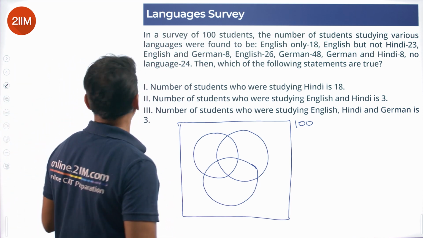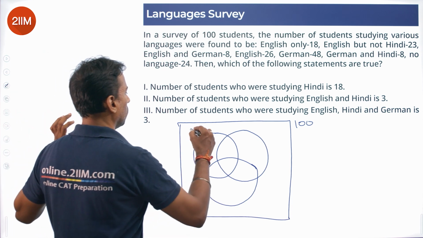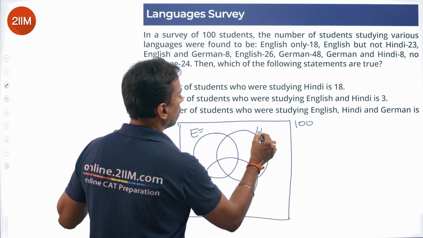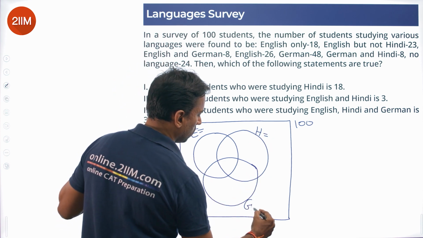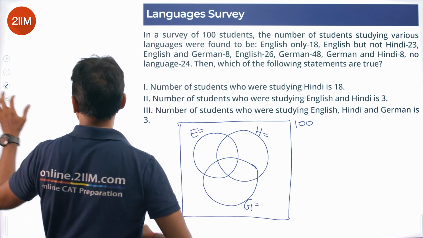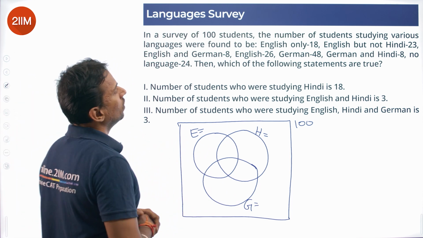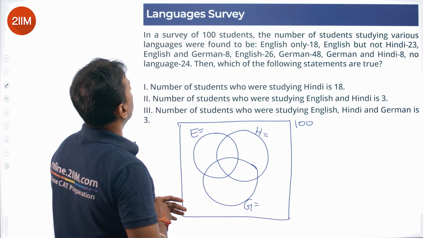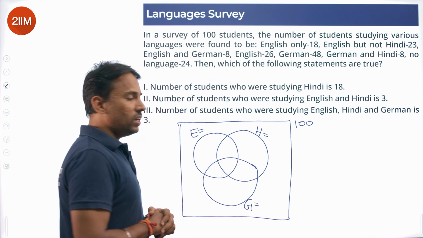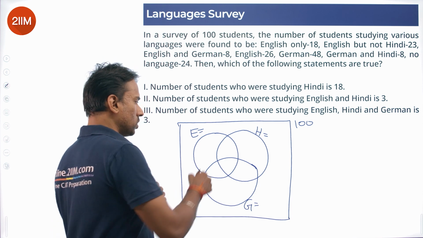So we have this one to be English. And then we have Hindi. We have German. So I'm taking the first letters for the 3 sets. Good, done. Okay, what else do we have? The number of students studying various languages. English only is going to be 18. Where is English only? English only is this portion.